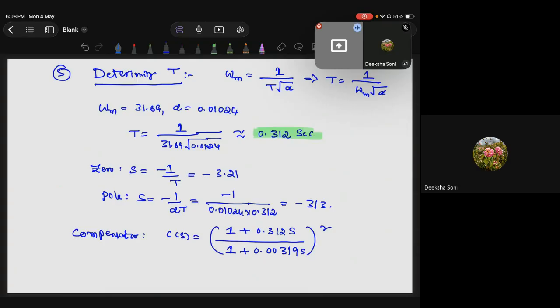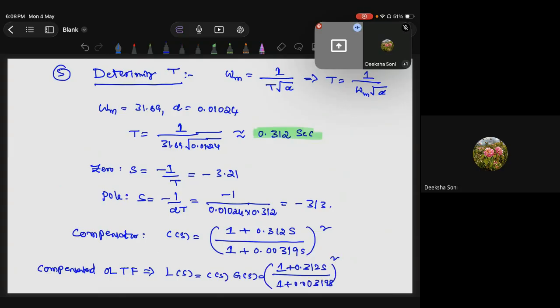Then the compensated open loop transfer function L of S is C of S multiplied by G of S, which is 1 plus 0.312S divided by 1 plus 0.00319S whole square, multiplied by 14080, the G of S, over S square multiplied by S plus 16, S plus 22.